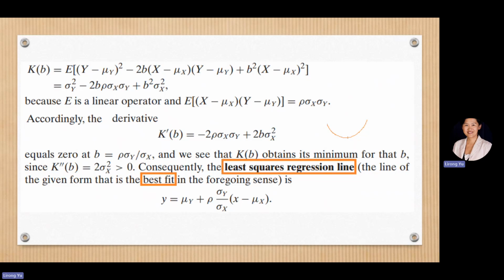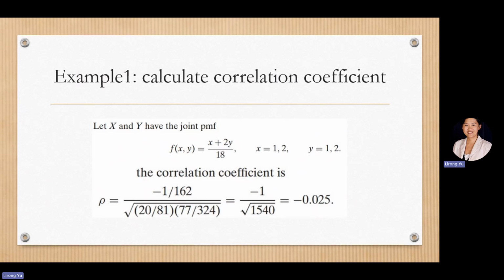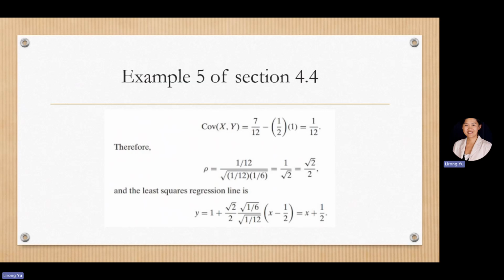And in this example, I think we went through this, trying to devise the correlation. I think we did most of this example. Any questions? So this is a correlation calculation question. And we can also look at example 5 of section 4.4.